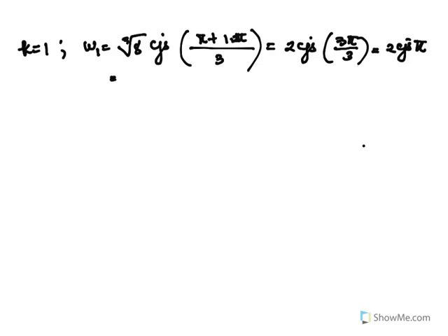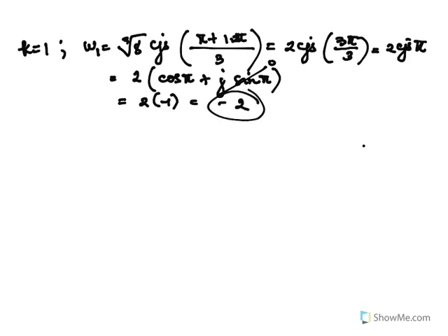But 2 cis pi is just 2 times cosine pi plus j sine pi. But sine of pi is just 0, and cosine of pi is negative 1. And so this is 2 times negative 1, or negative 2.